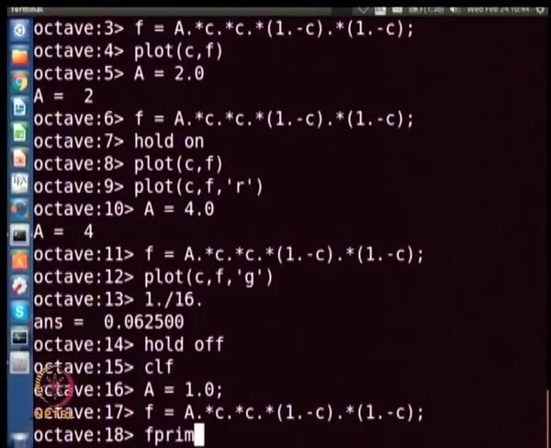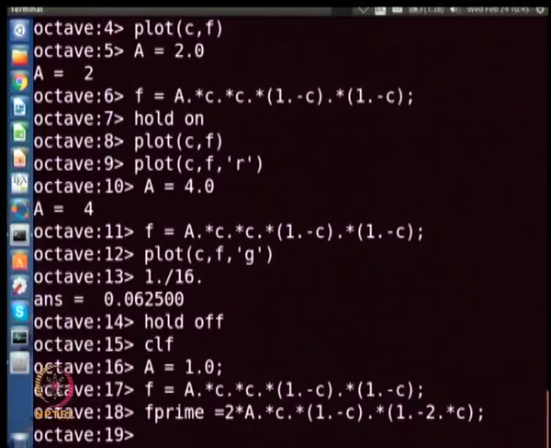So, f prime is equal to 2 into a dot star c dot star 1 dot minus c dot star 1 dot minus 2 dot star c. So, that is f prime.